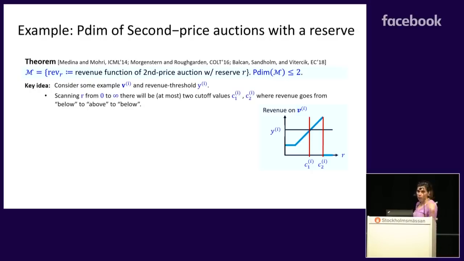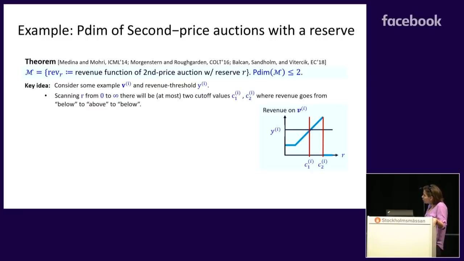The outline of the proof is kind of simple. I want to show that the pseudo-dimension of the class of second price auctions with a reserve is at most 2. So let's try to reason about that. Let's first fix a valuation vector and the threshold revenue yi, because we are trying to think about shattering this point.